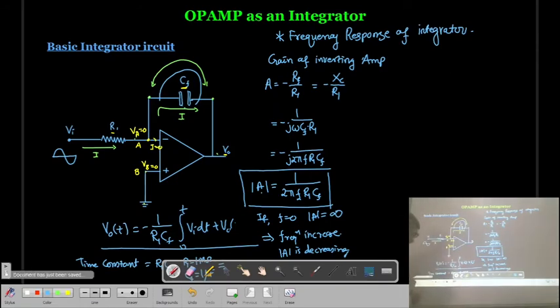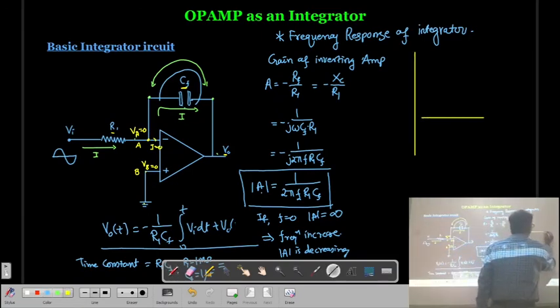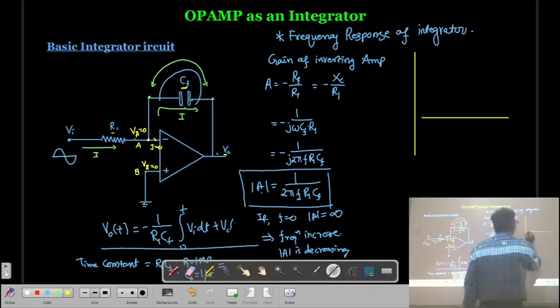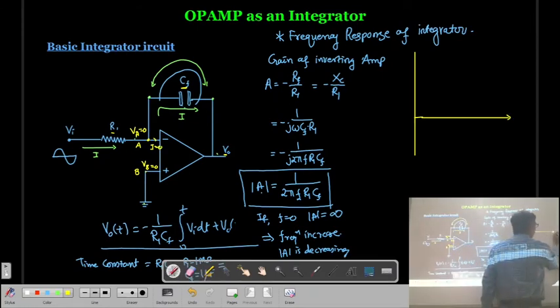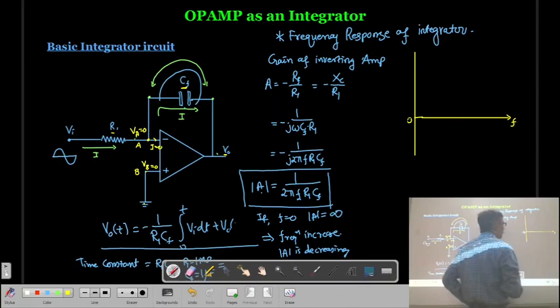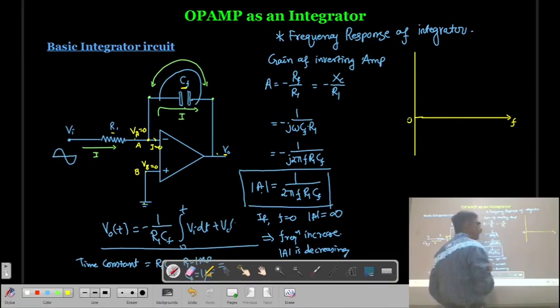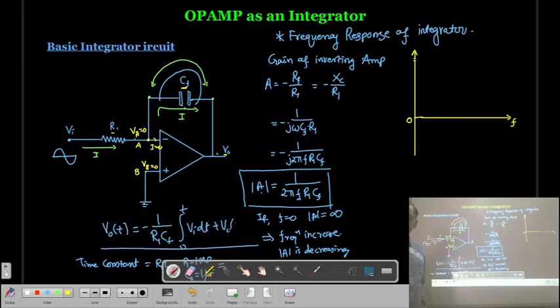So if we see the frequency response graph, this is frequency f, and whenever the frequency f is 0, then we have the maximum gain. You can say it is infinite. Correct?